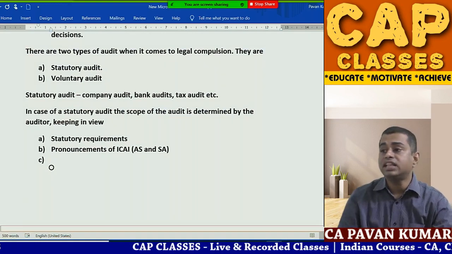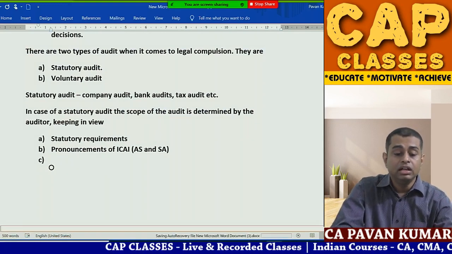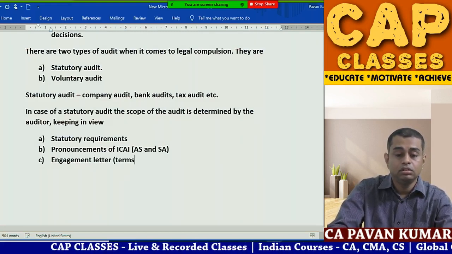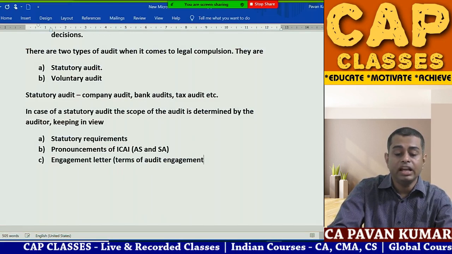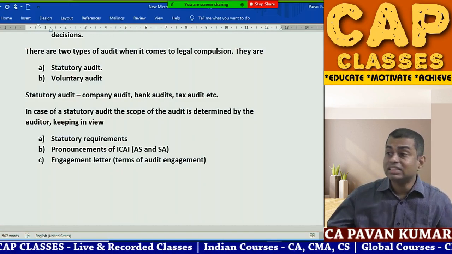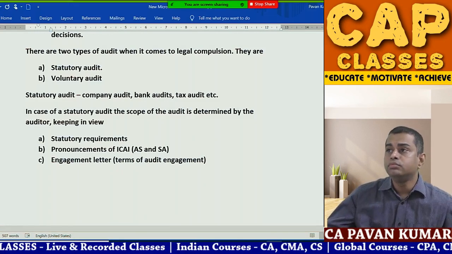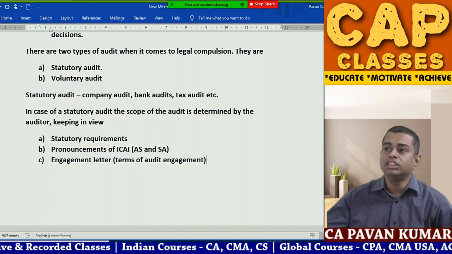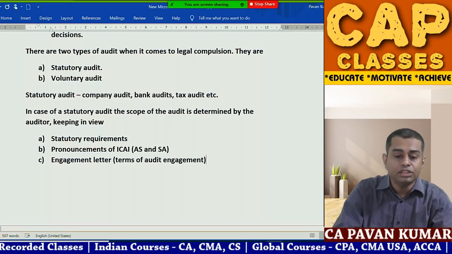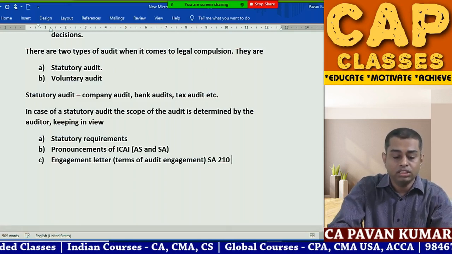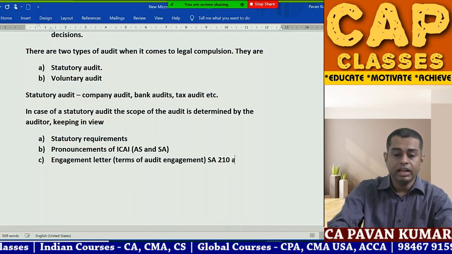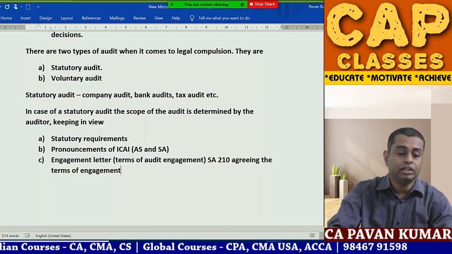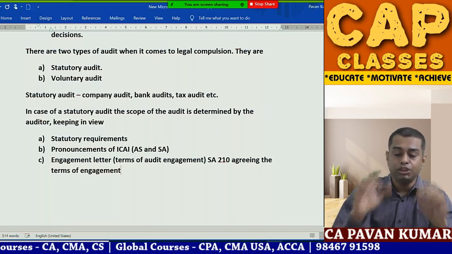Third one is the engagement letter, the terms of audit engagement. Do you remember your Standard on Auditing 210? What is SA 210? Agreeing the terms of engagement. So this is in case of statutory audit.